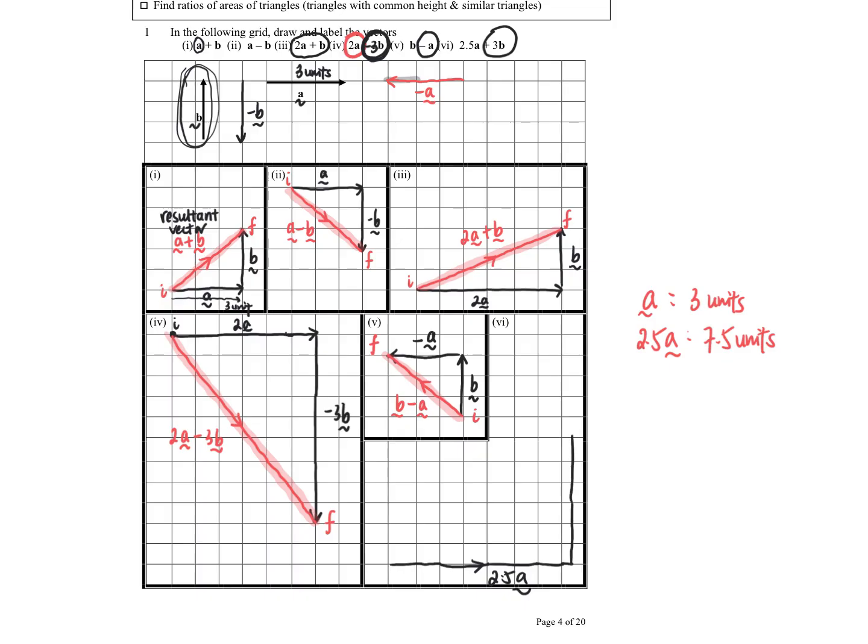I end up being here. 3B. So 9 units upwards. So my final resultant vector is this one. So 2.5A plus 3B. That's all. Nine units up. 3, 6, 9. Yeah, correct. 9 boxes upward.